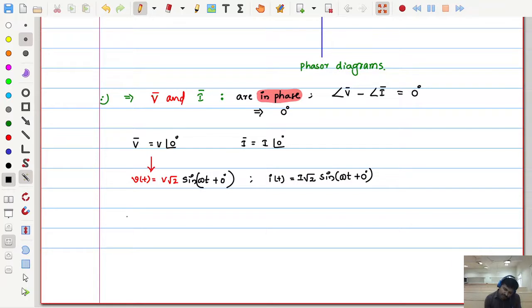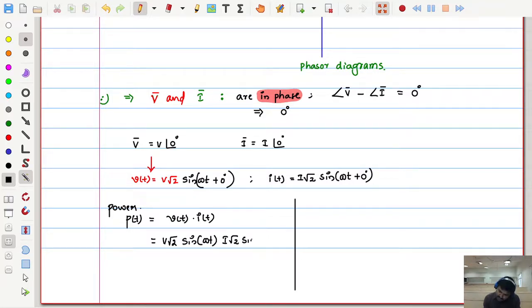Now try to get the power P of t, instantaneous power. P of t is equal to the product of voltage into current. I'll do it in phasor form. You try in the generalized time domain form like this: V into root 2 sine omega t into I into root 2 sine omega t.